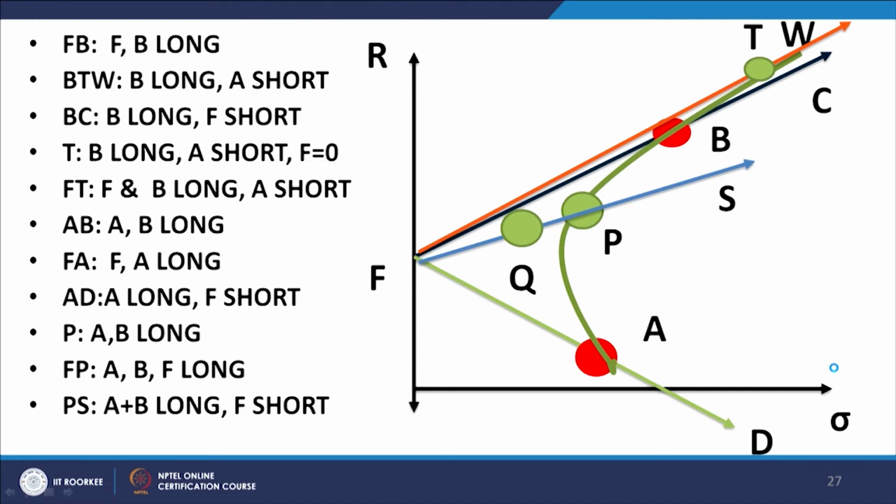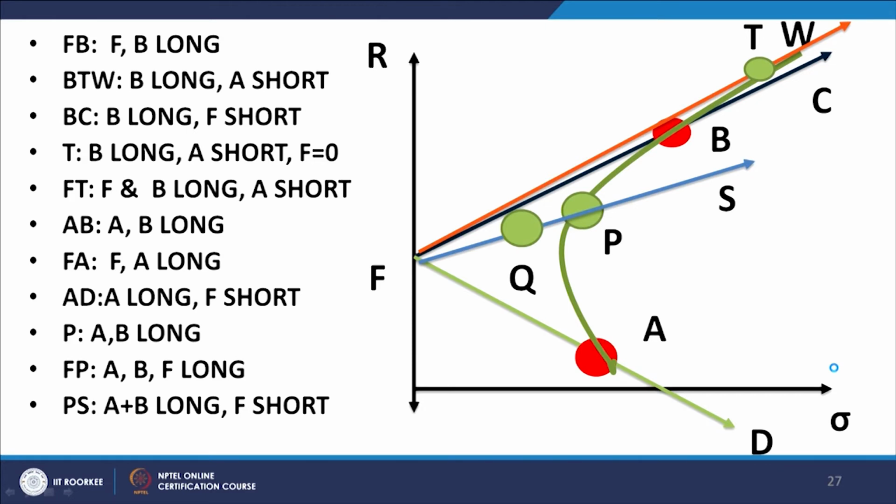BTW is the extension of the hyperbolic arc that joins A and B. So, APBTW is the arc of the hyperbola, and as far as DA is concerned, it is the extension of the straight line FA.